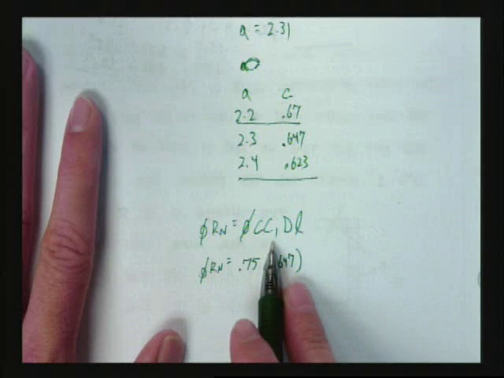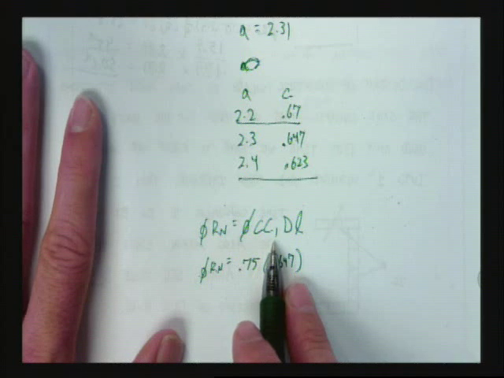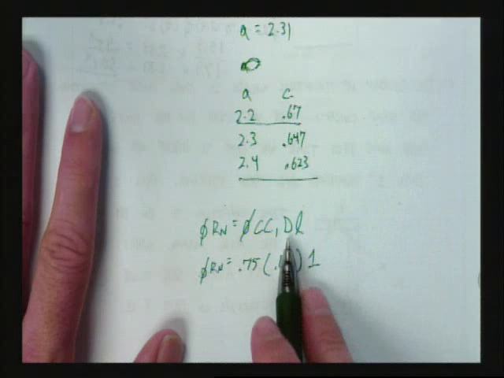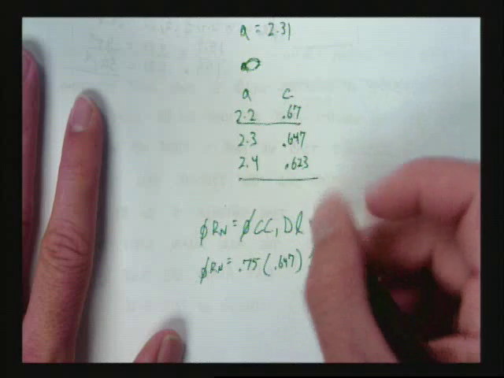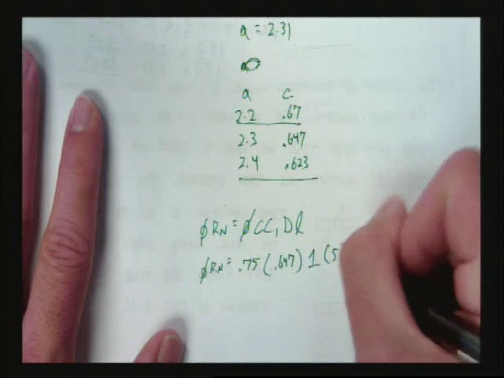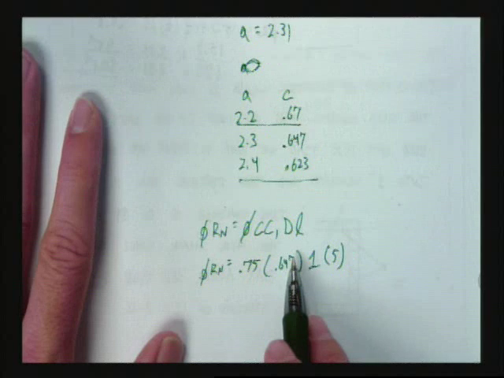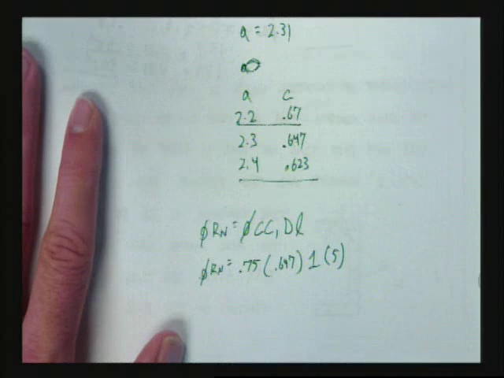How do I get C1? Table. For an E60 or E70 electrode, it should be 1. What's my D? 5. Very good. What's my L? It's 10.